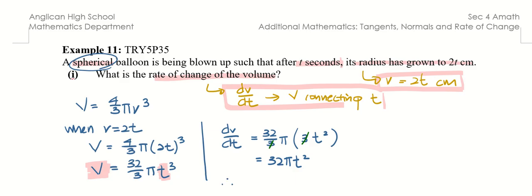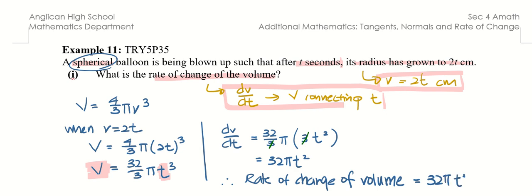The rate of change of volume is given by 32 pi t squared cm cubed per second. So this is the first part.